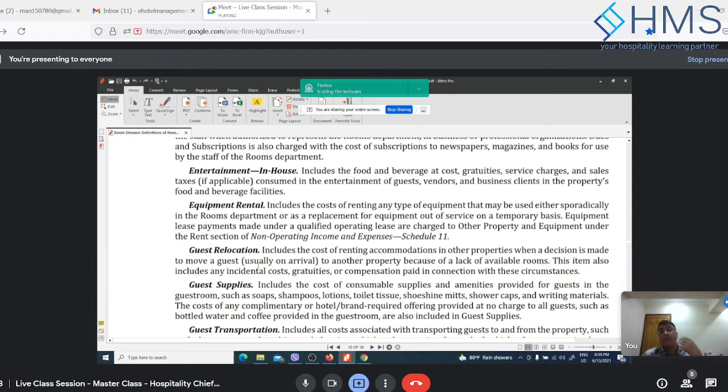But if it's a regular practice, let's say the hotel has hired 10 vacuum cleaners because the capex is not there and you have not bought your own equipment, and you are renting them for a year or 2 years, then that cost will not be part of your operation cost. That will go as a part of your property and equipment rental below the line, non-operating income and expense.